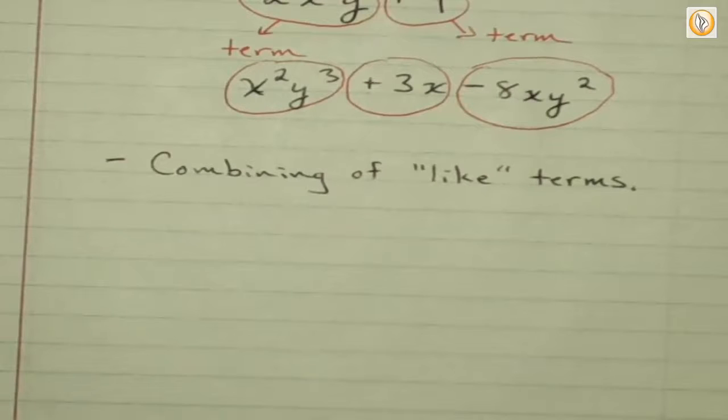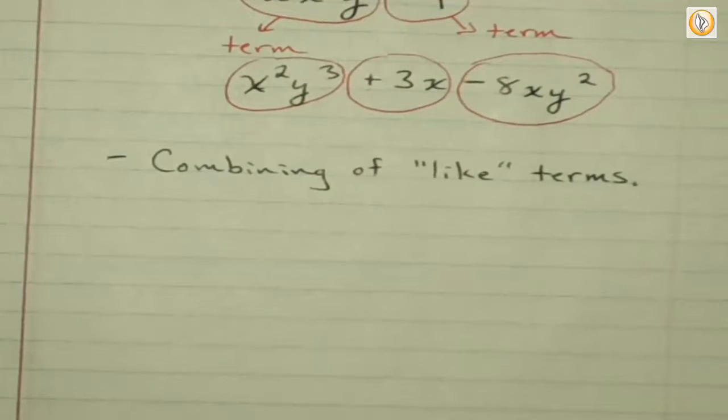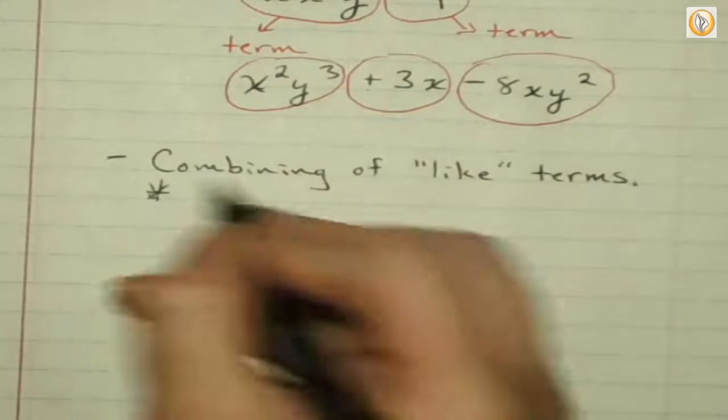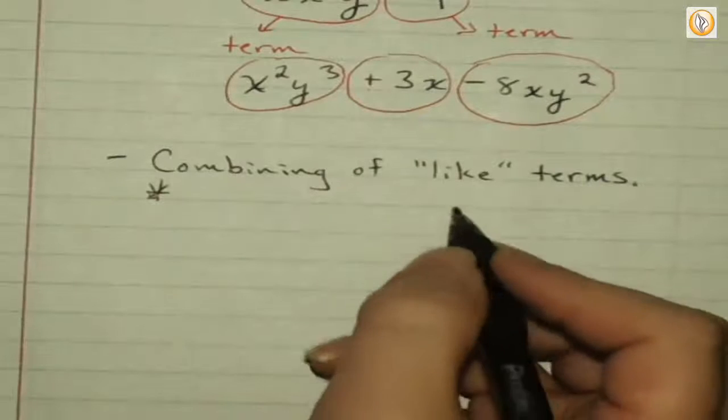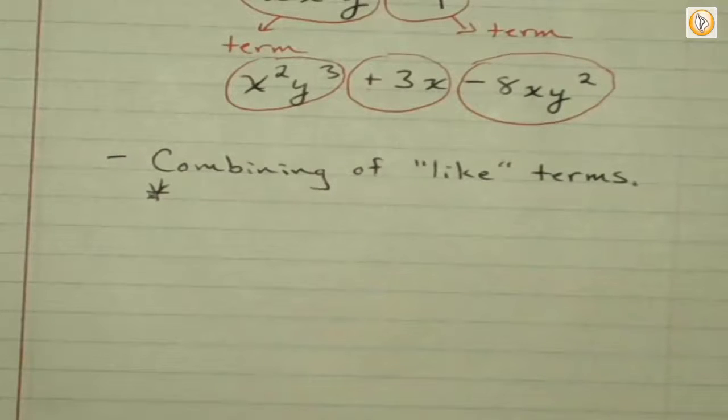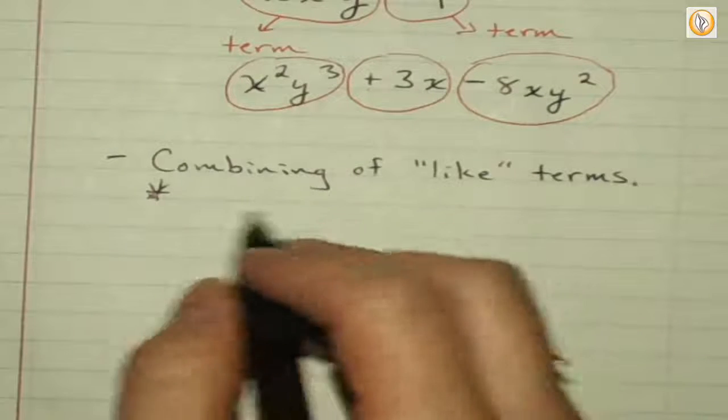When we're adding and subtracting, basically, but tomorrow's subtracting, but when adding polynomials, you're basically combining like terms. Why do you always put quotes around it? Because of what we're doing. They sometimes don't look identical.